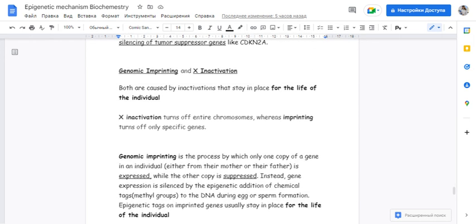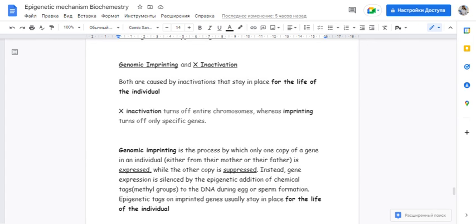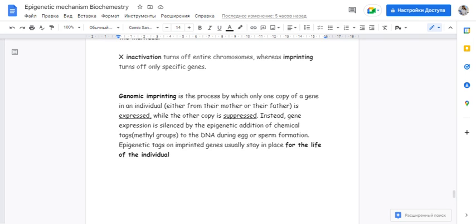And now we'll talk about genomic imprinting and X inactivation. So what's similar here? Both are caused by inactivation that stays in place for the life of the individual. And what the difference is, X inactivation turns off an entire chromosome, whereas imprinting turns off only specific genes on one chromosome, right?